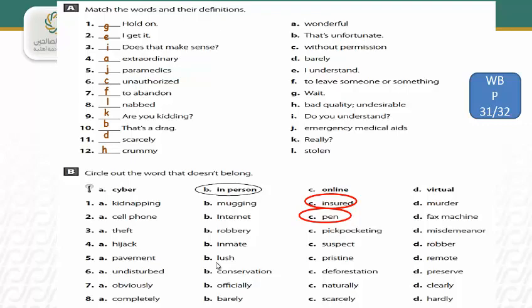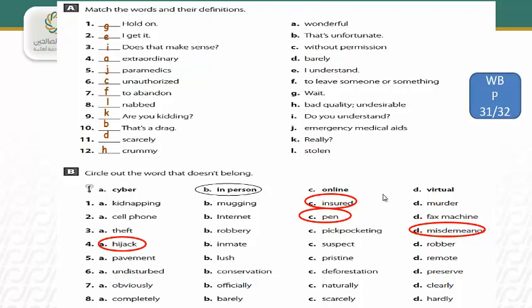The opposite. Cell phone, internet, pen, fax machine, electronics, and this is not electronic, a pen. Theft, robbery, pickpocketing, misdemeanor. What do you think? Yeah, because misdemeanor is a small crime.